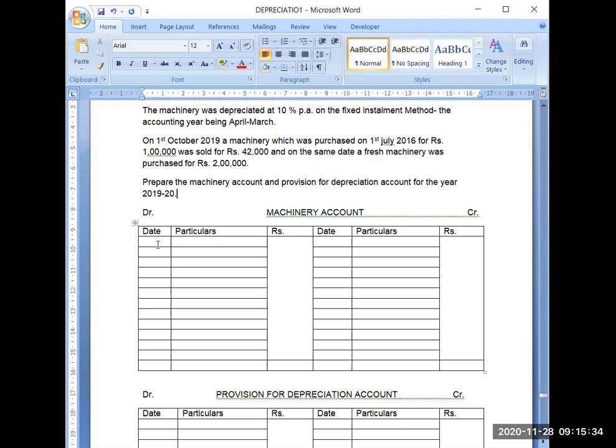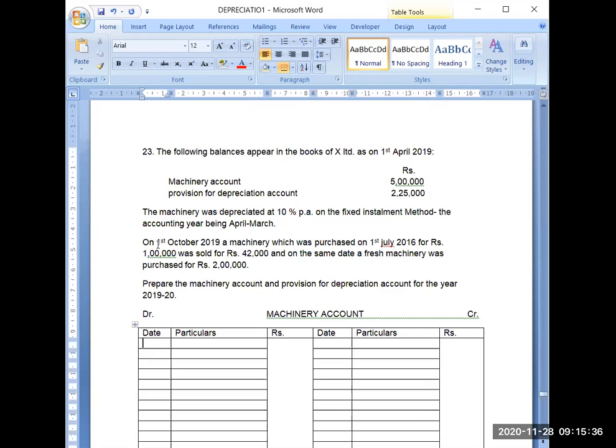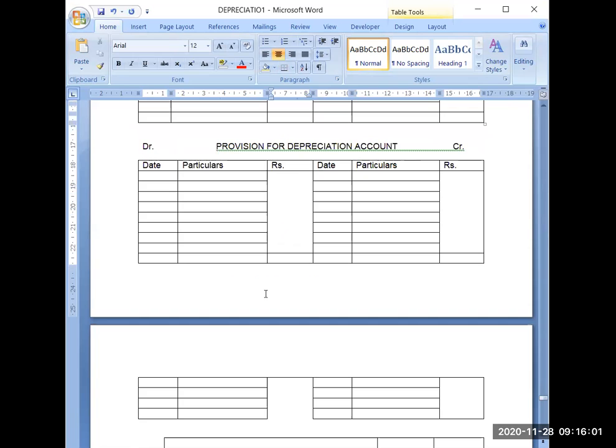So first we will write the opening balance, 2019 April 1, to balance brought down, and the opening balance is 5 lakh. Then the opening balance of provision for depreciation account is 2,25,000.